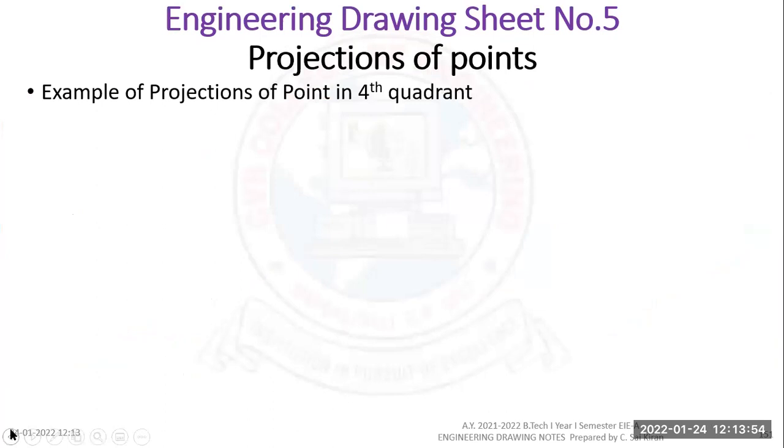So H and D both are at the bottom, and this is my D distance, which is positive. D is positive and H is negative. In the fourth quadrant, it will be reverse.